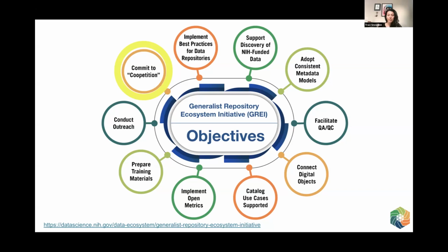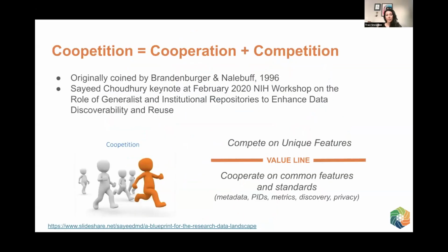The term co-opetition, a portmanteau of cooperation and competition, was originally coined in a 1996 book describing the practices of competing businesses, but was also used more recently in a 2020 NIH workshop on the role of generalist and institutional repositories.